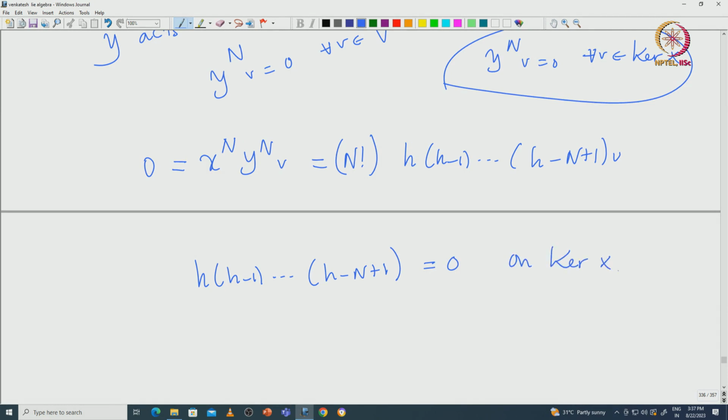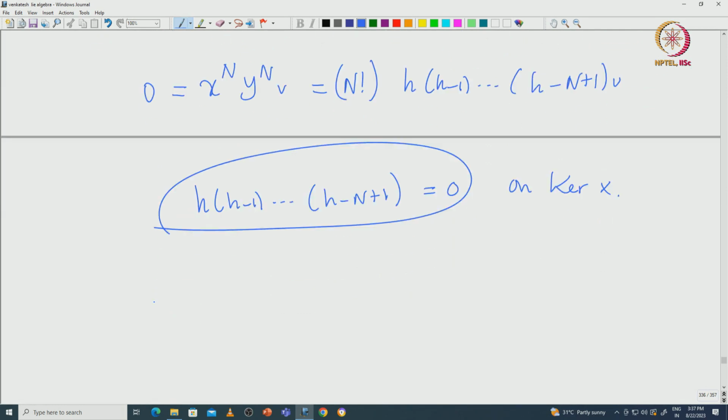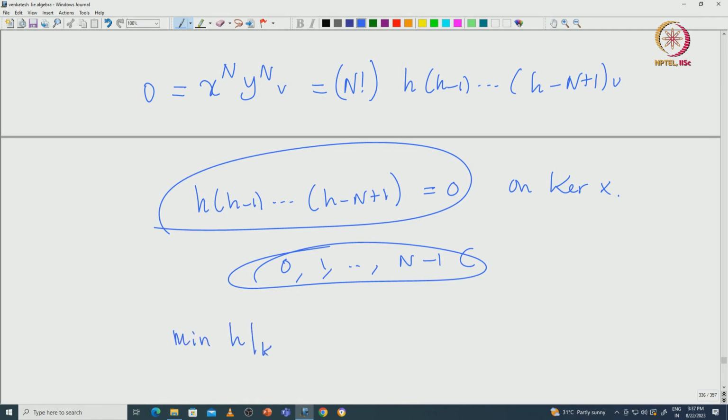on kernel x. So, that means the minimal polynomial of h restricted to kernel x is going to divide this polynomial, but this polynomial has all distinct roots. Okay, because what are the roots? The roots are 0, 1, etcetera, n - 1. So, the minimal polynomial of h restricted to kernel x, a polynomial in t, is going to divide t(t - 1) etcetera (t - n + 1).